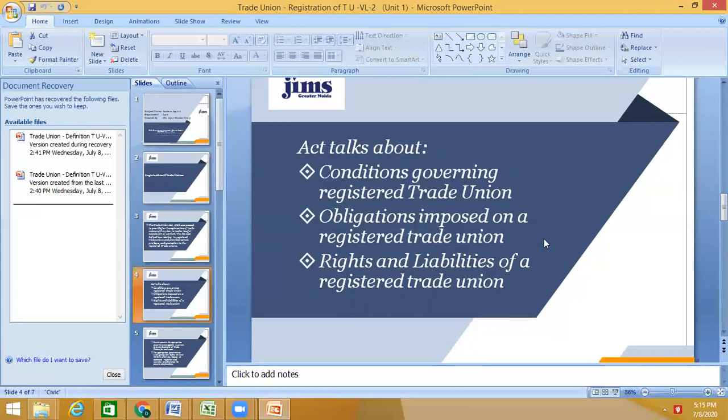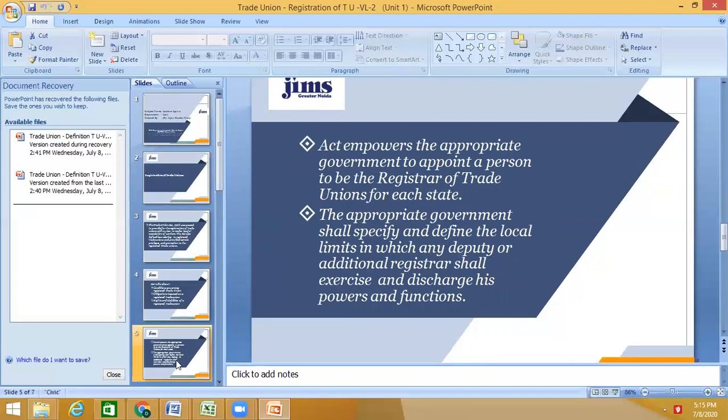When we talk about the registration of trade unions, the Trade Union Act empowers the appropriate government to appoint a person to be the registrar of a trade union for each state.